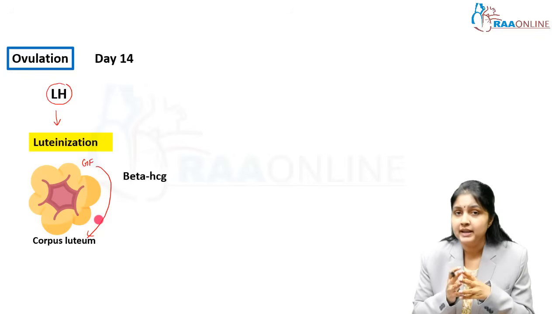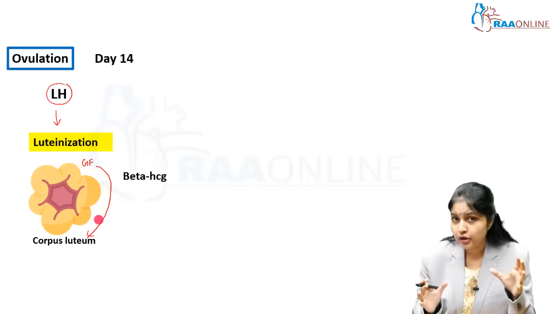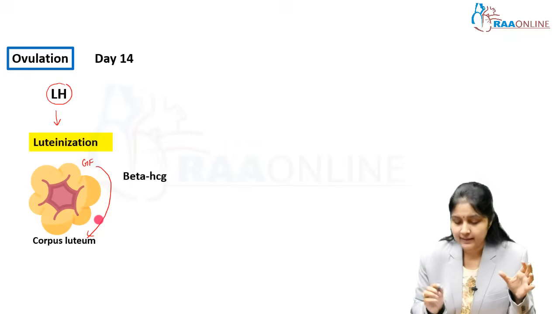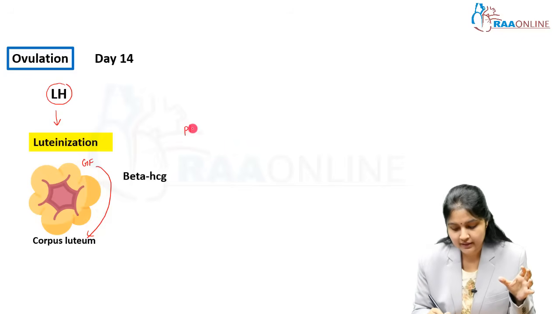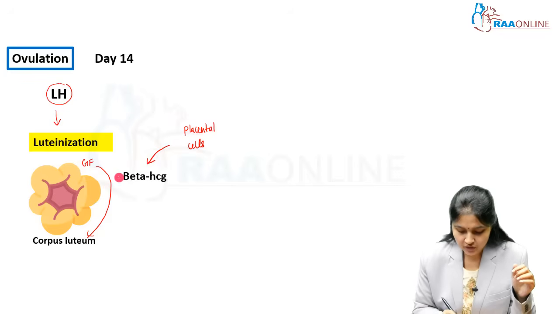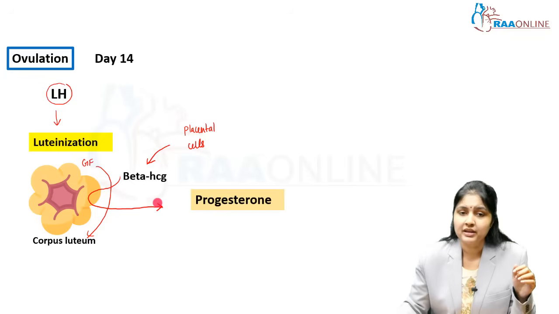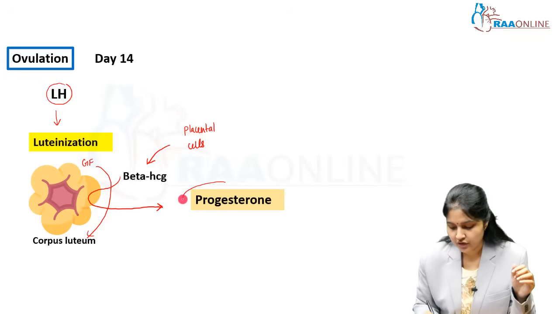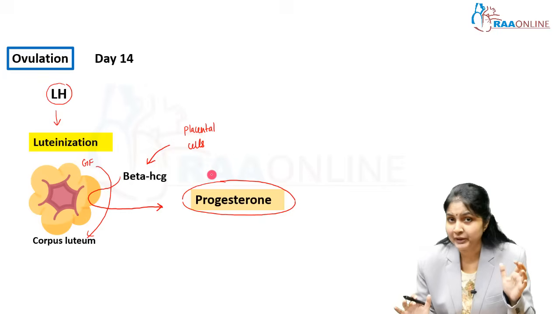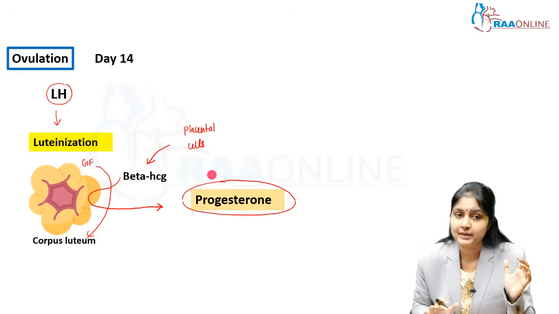If fertilization happens, in the initial few days the trophoblast cells, the initial placental cells, produce beta HCG, which stimulates the corpus luteum to produce progesterone in the initial few weeks, till the placenta takes over this function.